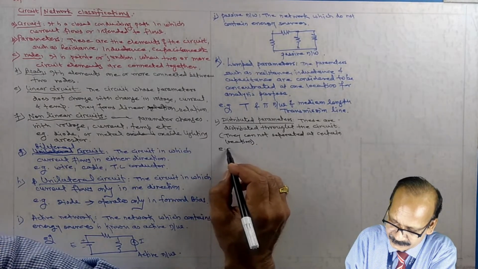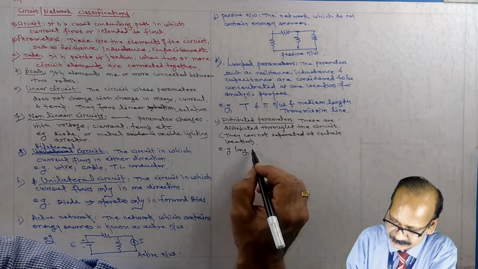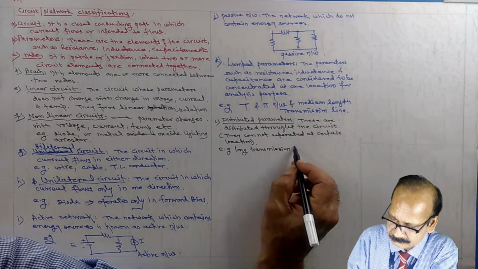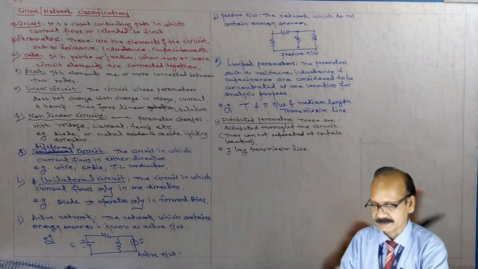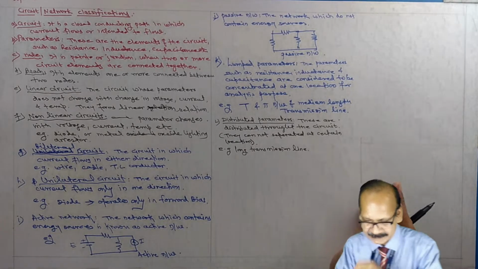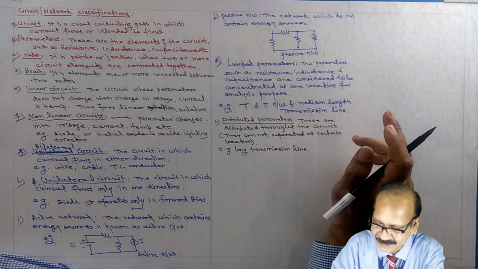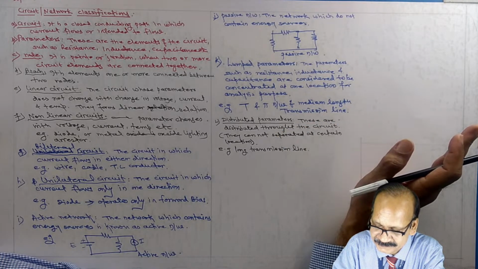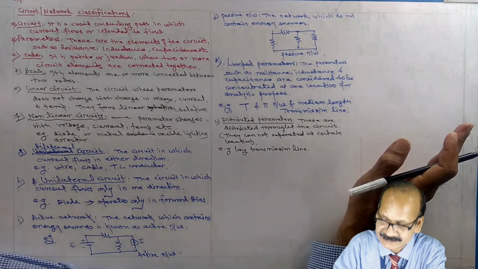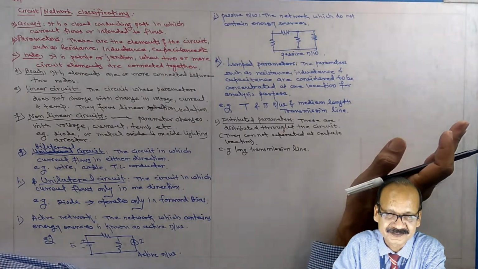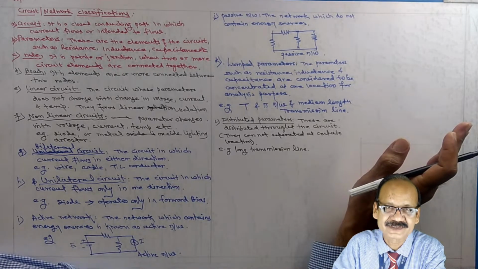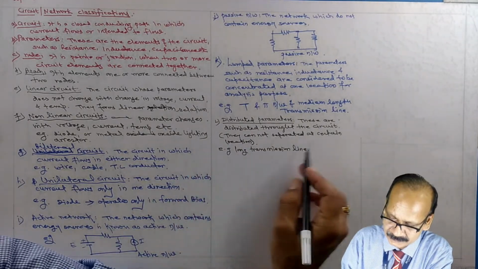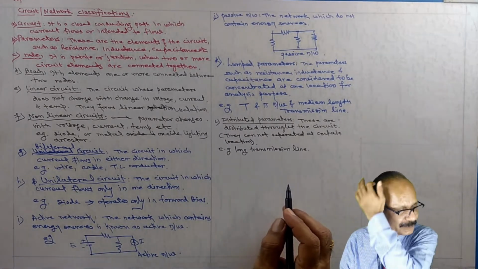Okay. For example, a long transmission line. Its resistance and inductance are in series and are distributed all over the length of the line, and the conductance and the capacitance are shunted and are also considered to be distributed all over the line. So we have considered the distributed parameters.